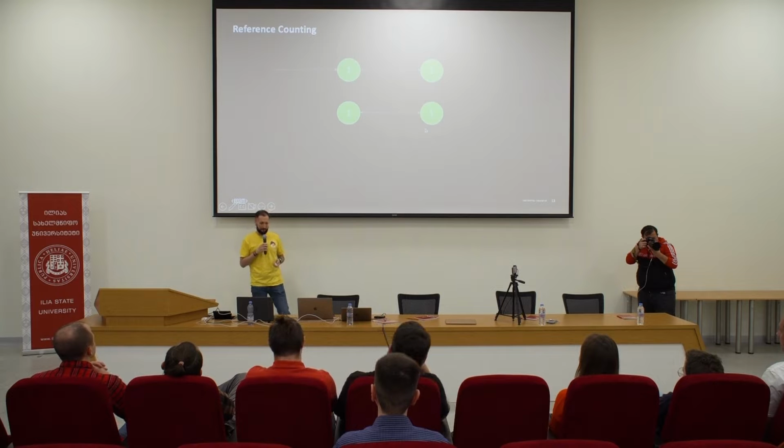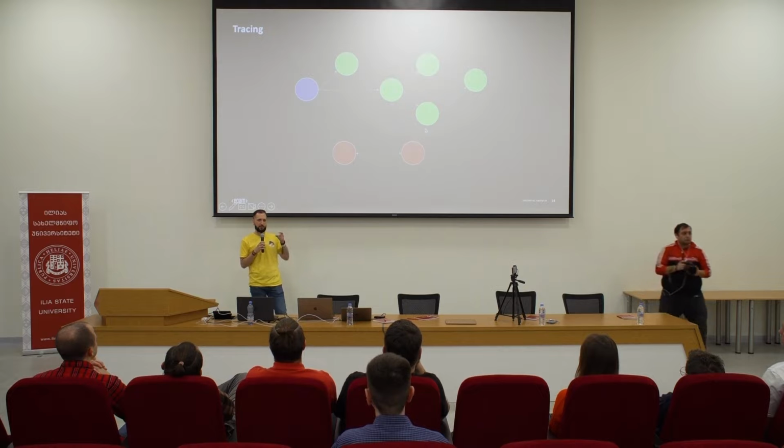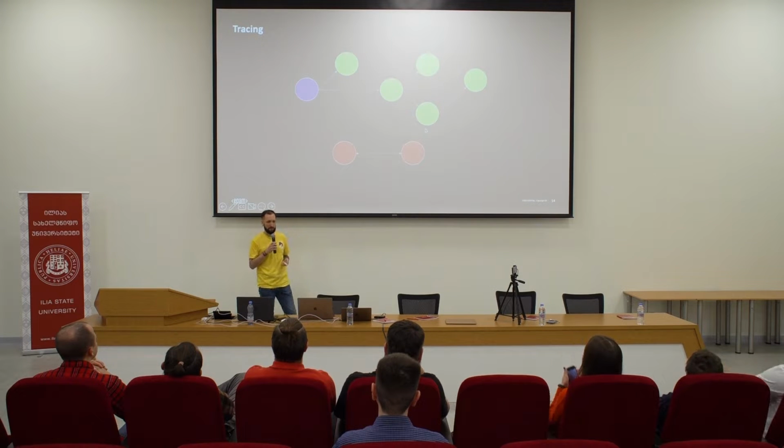So yeah, the technique V8 uses a lot is tracing. Suppose we have some objects in our memory that we consider as root objects that will be here for the entire application life. It's a blue object. On my picture there is only one, but there can be a lot of them, depending on implementation.